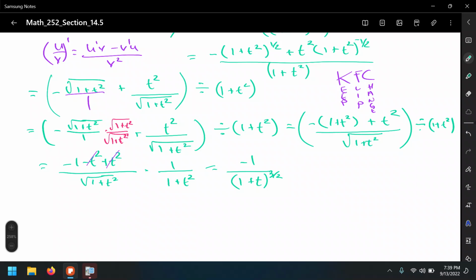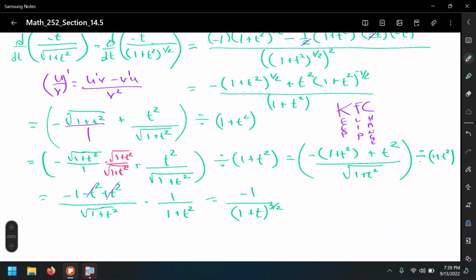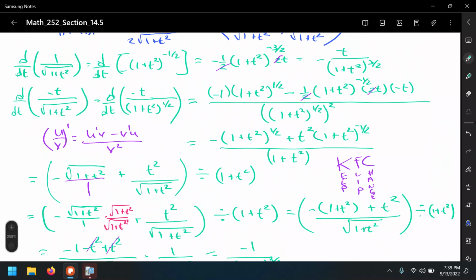When you go back up to the derivative, shouldn't it be to the negative 3 over 2? Because when you bring it down for the chain rule, you bring the exponent minus 1. I thought about that, but you can't do it because there's a plus in that equation on the numerator.